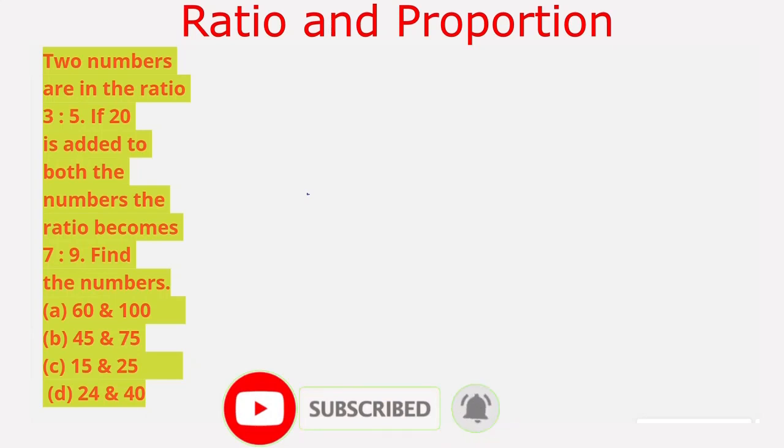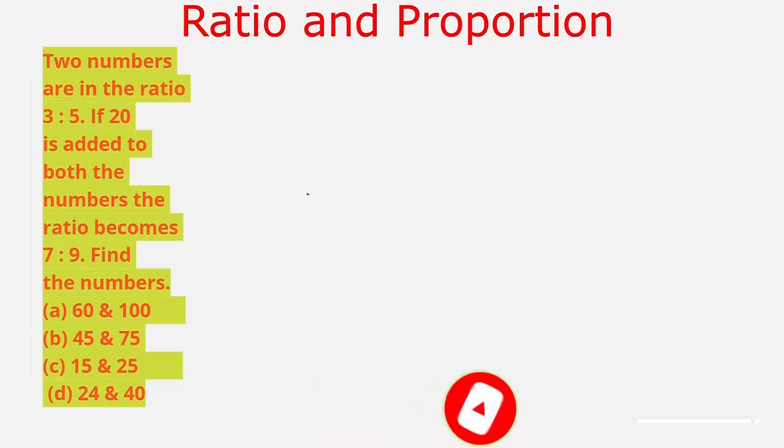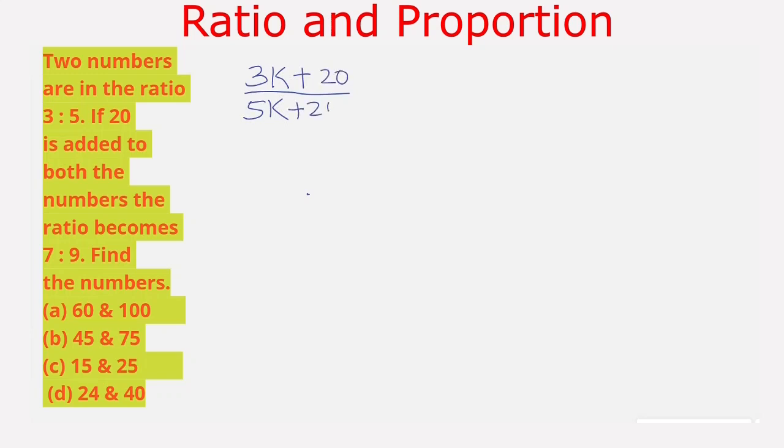As the numbers are in the ratio 3:5, so we can write them as 3k and 5k, and we add 20 to both the numbers, so the numbers become 3k plus 20 and 5k plus 20, and now this is in the ratio 7:9, so we write it as 7 upon 9.